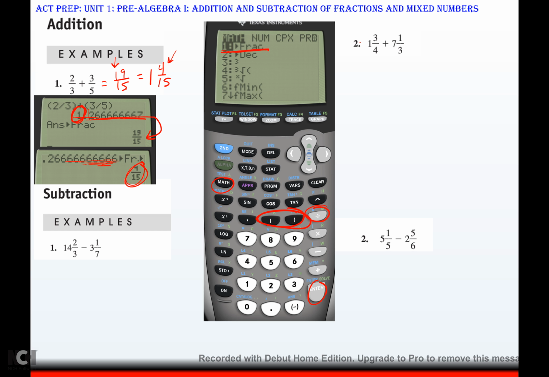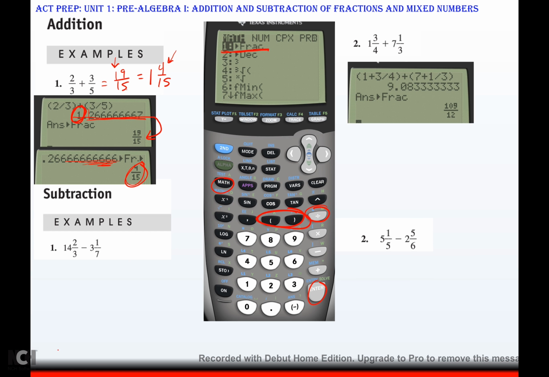Okay, so now for 2, to type this in, I typed 1 in parentheses, 1 plus 3 divided by 4, plus parentheses 7 plus 1 divided by 3, and I got 9.083 repeating. So I do math enter, and I get 109/12.